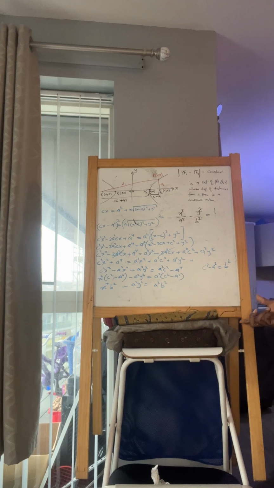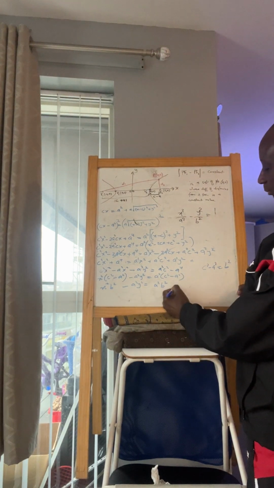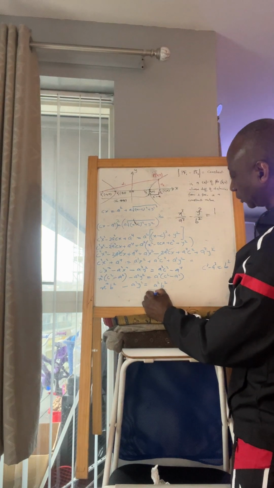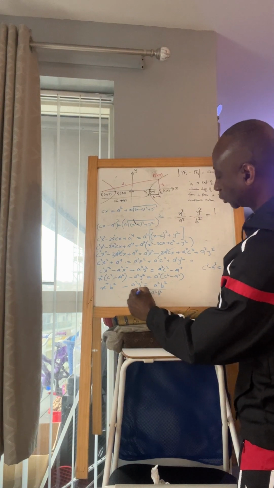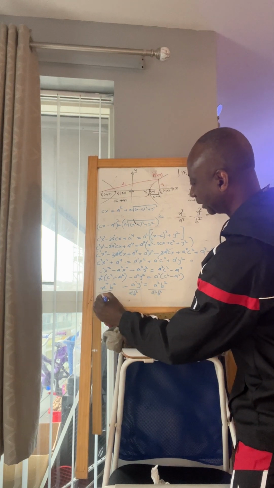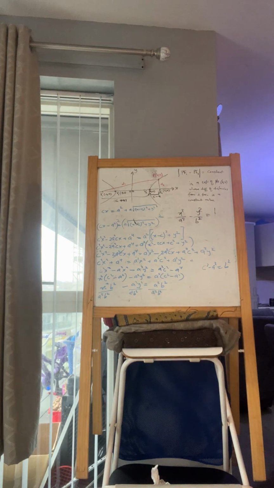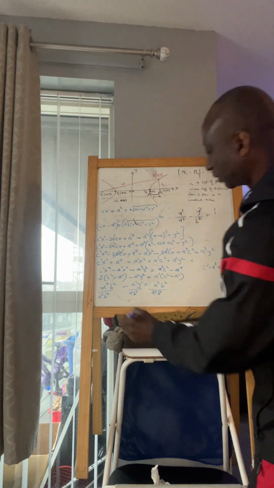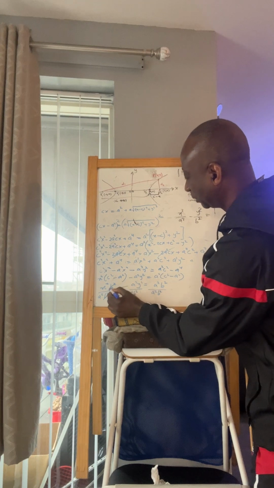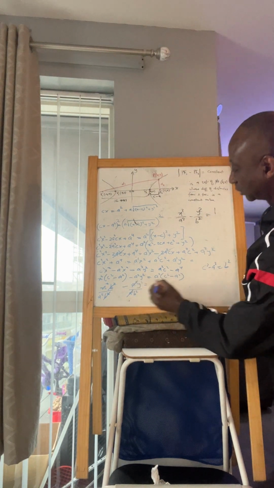So what is now left? If we divide throughout this equation by a squared b squared, you divide this by a squared b squared, you also divide this by a squared b squared, and you must also divide this by a squared b squared. And then you do your cancellation. You can see that b squared cancels b squared, and here a squared cancels a squared.